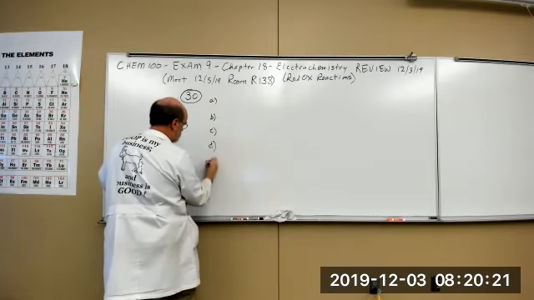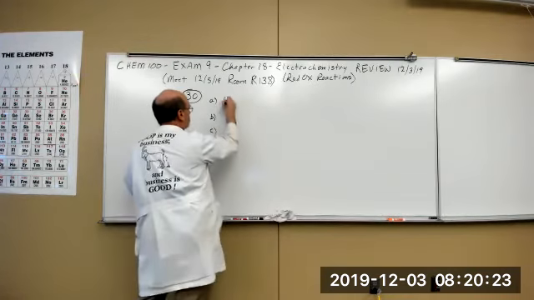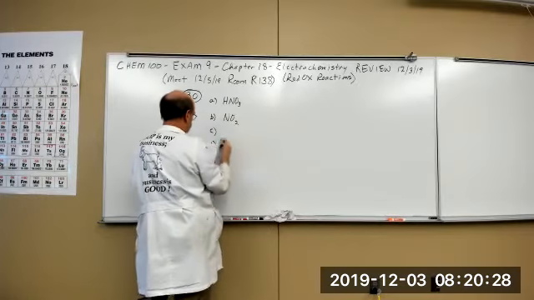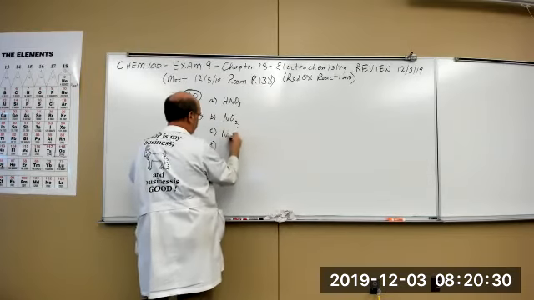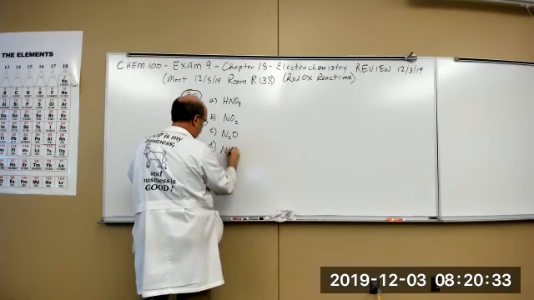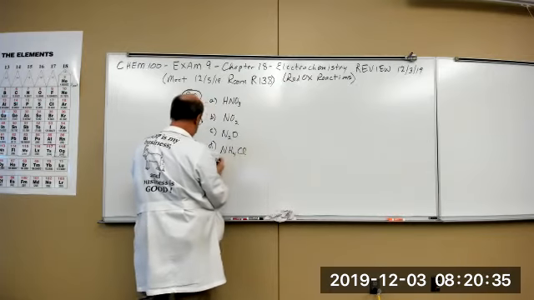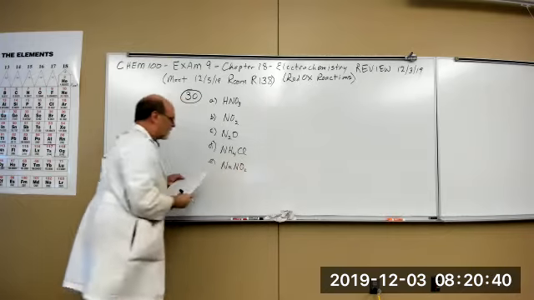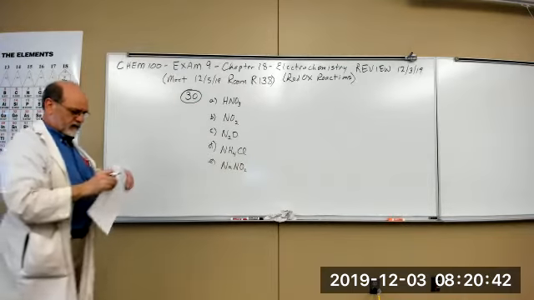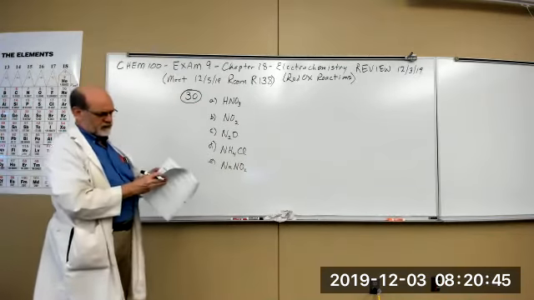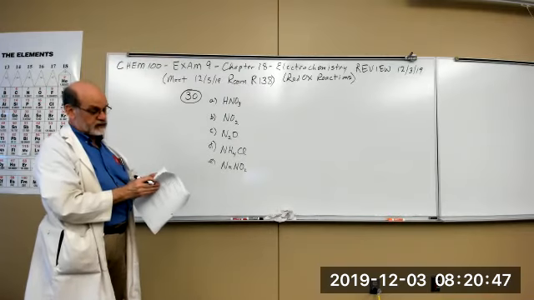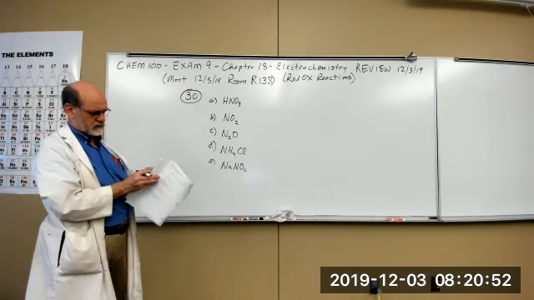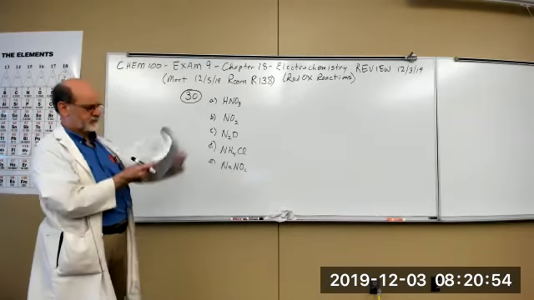C, D, E. And this one. Okay. Now, if you look at the periodic table in the back of the useful information, back here somewhere. Here it is.